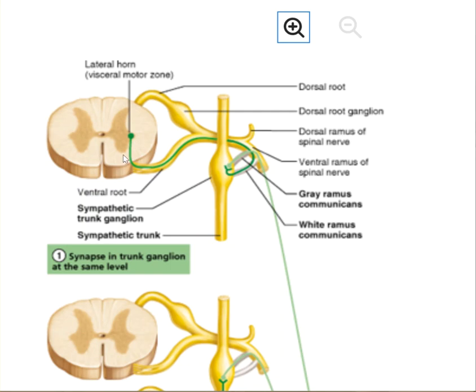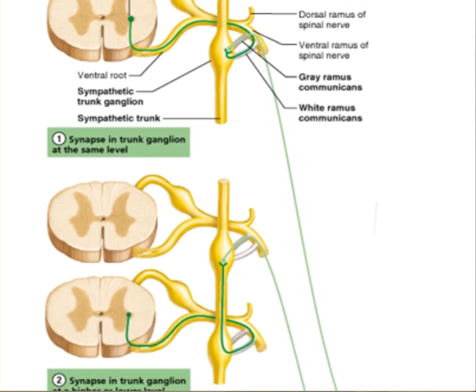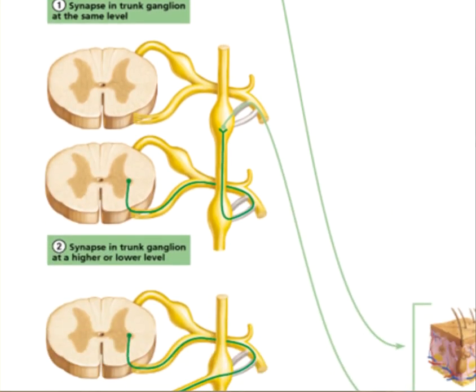It's at the exact same level, and then we have our synapse, and we send a message out. Our gray rami communicante goes out to an organ. Okay, so it goes out, it synapses at the same level of paravertebral, and it goes out to an organ somewhere.